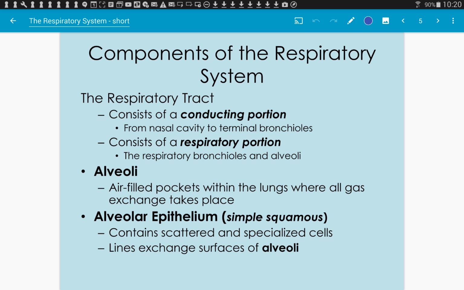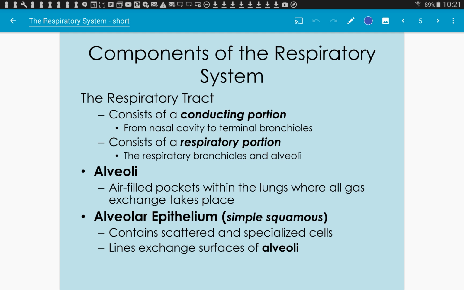Then the respiratory portion is the small portion where gas exchange is actually occurring. We call them respiratory bronchioles, and where gas exchange is officially occurring is in the alveoli.